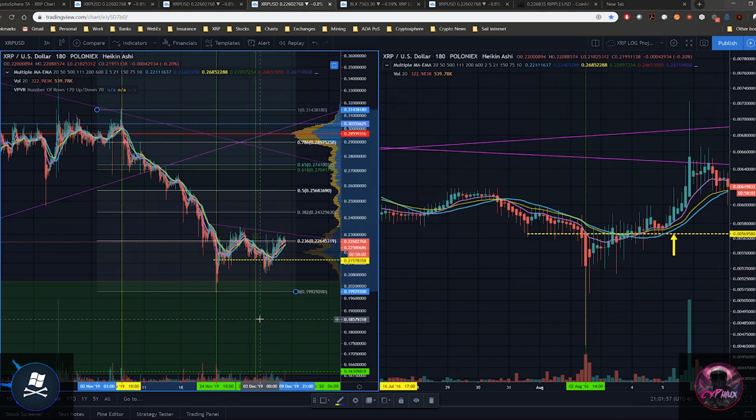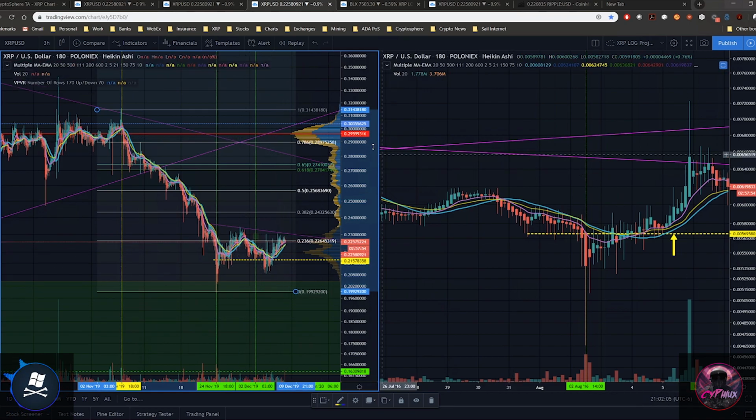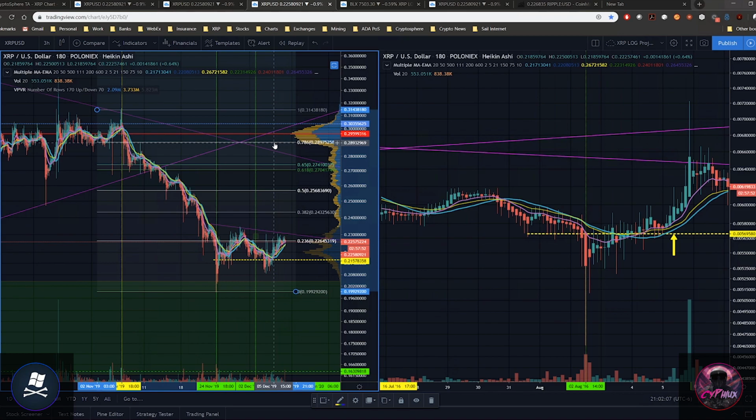Some of you are saying, "Oh, XRP doesn't follow TA." It does, and right now on a VPVR, it's at the 0.786. Even other chartists have noticed it follows this fib at the 786.